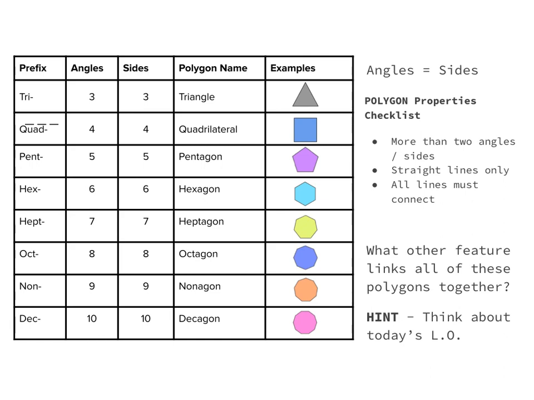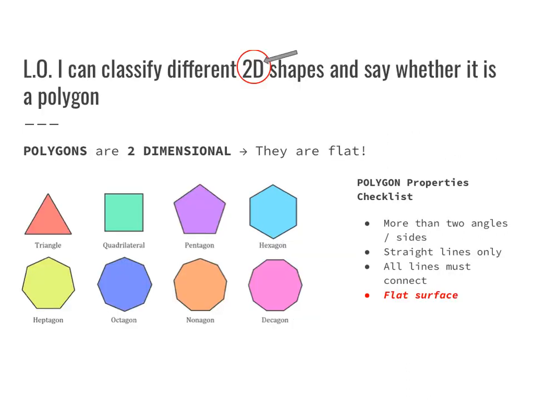But what feature links all of these polygons together? Think about today's LO. Yes, we know polygons are 2-dimensional, 2D, which means they are flat. Therefore, another property of a polygon is that it should have a flat surface.